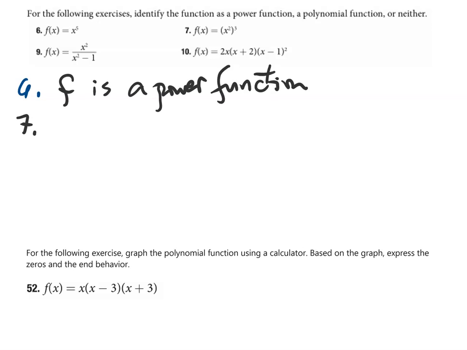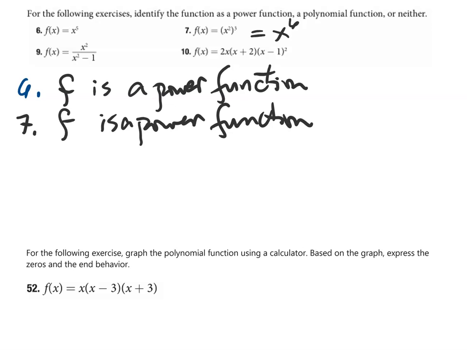Number 7, x squared cubed, so you can rewrite that as x to the 6th. So yes, again, it is a power function. Number 9, it is not a power function. And it is also not a polynomial function, so it's neither.